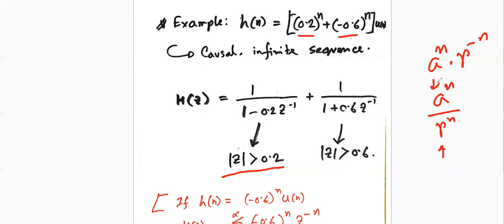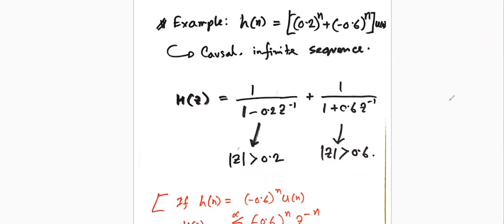From that logic, we can find that this a divided by r whole to the power n should be less than 1. If that is so, we can find that the z value should be more than 0.6, since a is equal to 0.6. So whether this is a negative or positive, of course you understand the point.